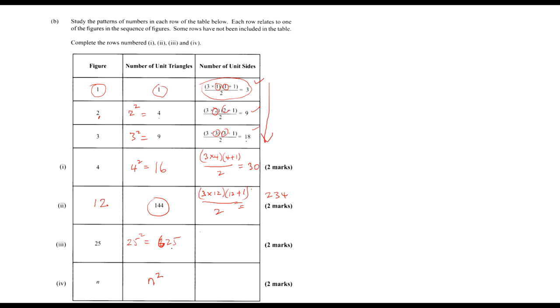For this one, it'll be 3 multiplied by 25, multiplied by 25 plus 1, all over 2. That will give me 3 multiplied by 25 is 75, multiplied by 26, divided by 2. I get 975.